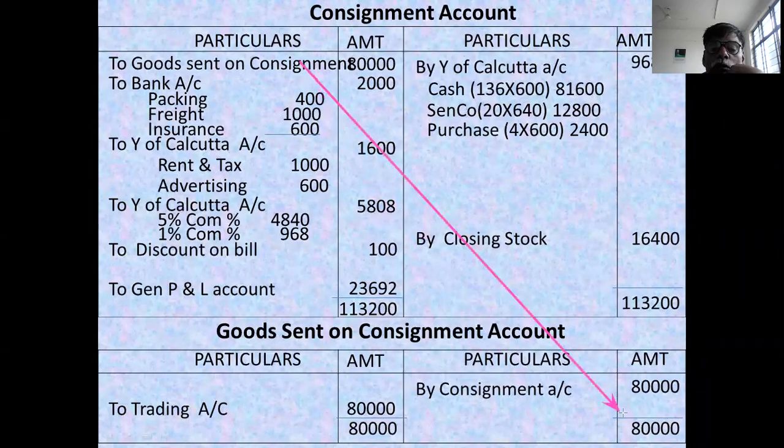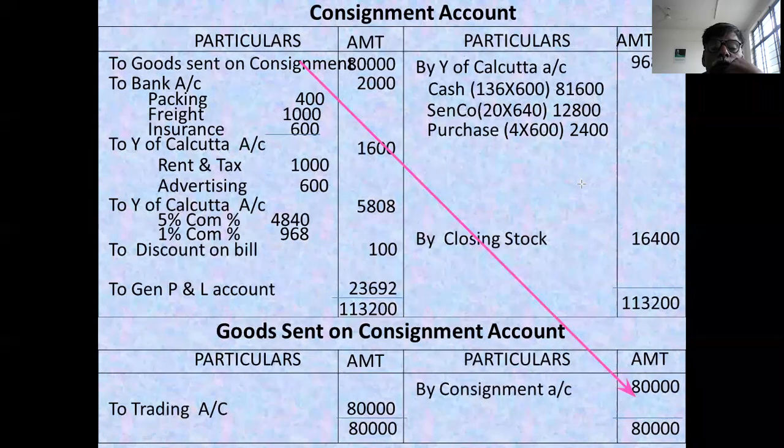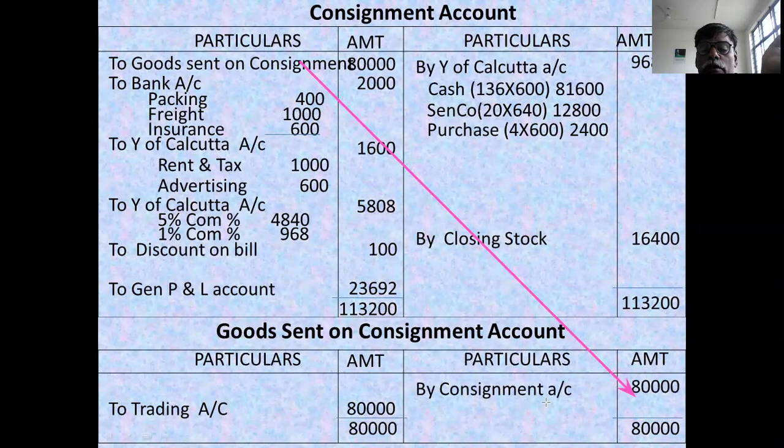Goods sent on consignment comes here. 80,000. There is no other item. You close the account. Whatever balance comes, that balance goes to the trading account. On the credit side, you write by consignment 80,000. Total 80,000. To trading account 80,000. Only one goods sent on consignment is there.